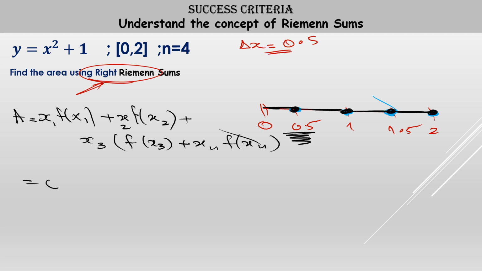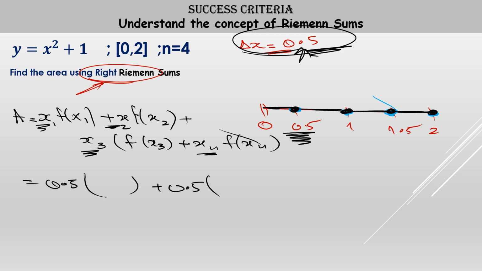Starting from here, 0.5. x1 is actually the width. The distance of each rectangle is 0.5. So x1, x2, x3 and x4 will be 0.5. They will not change because the distance between each rectangle is 0.5.